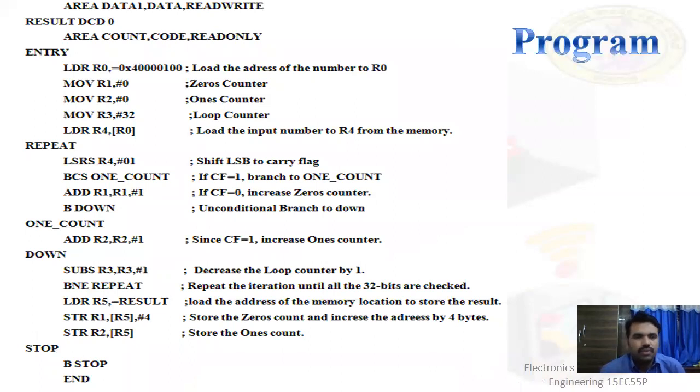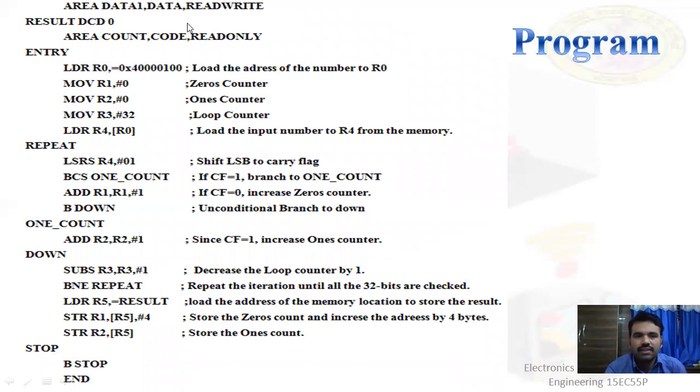Now let us go through the program. So the logic we saw in the methodology, the same we are going to implement over here. This AREA directive along with the DATA directive defines the section of memory where we are going to store the data with the name data1.